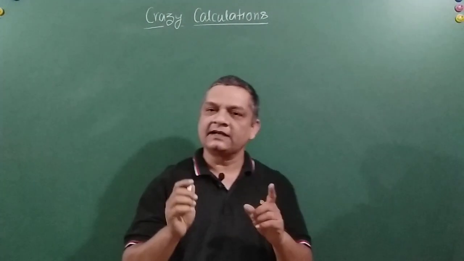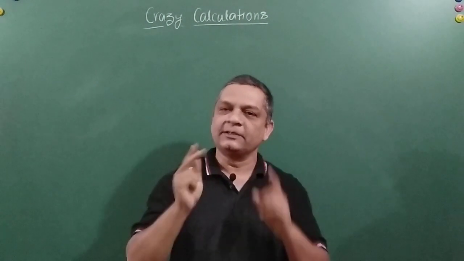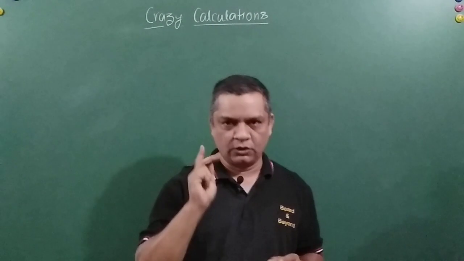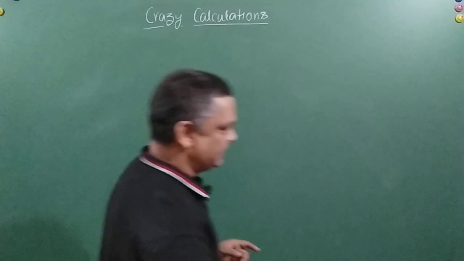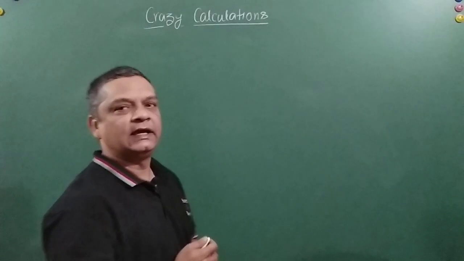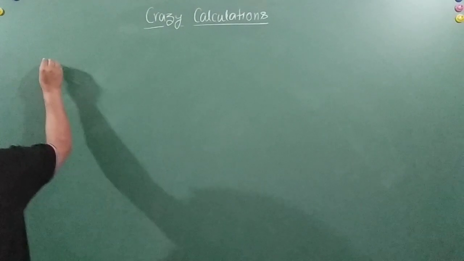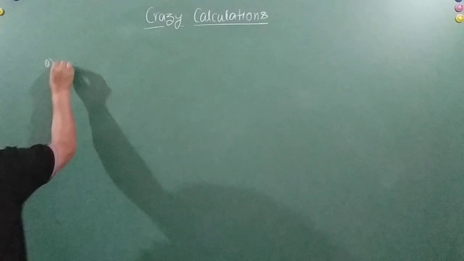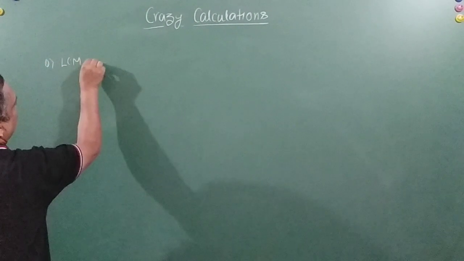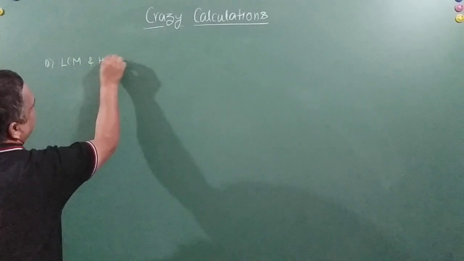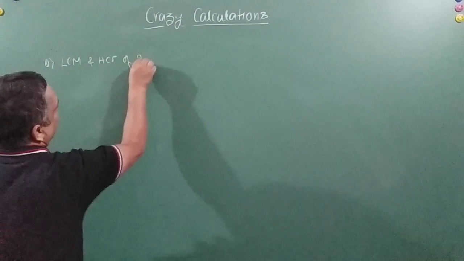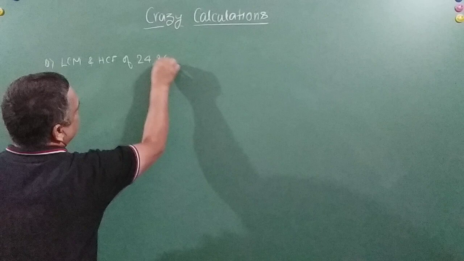So let's understand this with a simple example of two 2-digit numbers. Let's say we have to find the LCM and HCF of 24 and 30. How do we do it? The question is to find the LCM and HCF of 24 and 30.